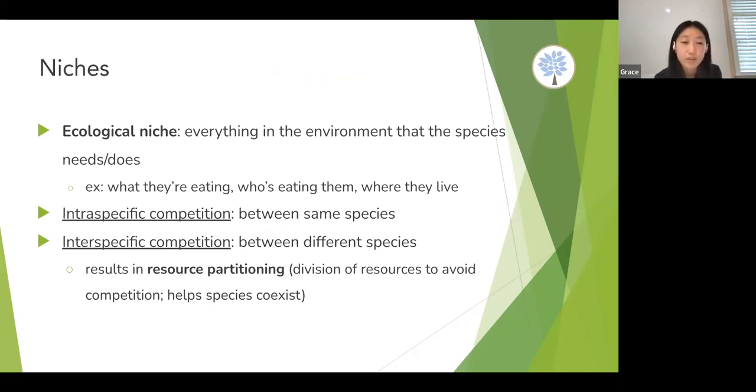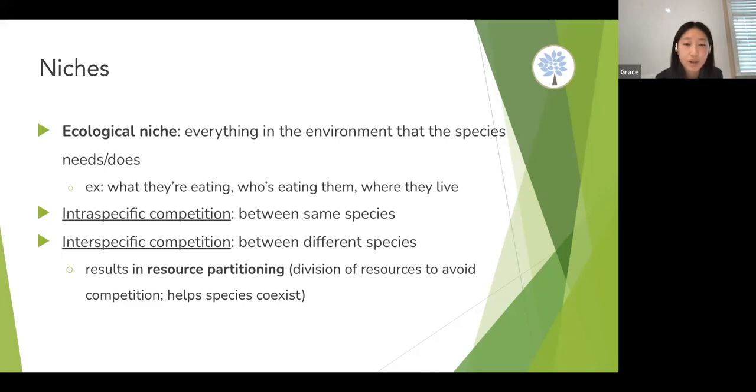And some specific things related to niches are intraspecific competition and interspecific competition. The difference between the two is that intraspecific competition is between the same species. So let's say two foxes both eat hares, and now that's intraspecific competition because it's the same species and it's just two foxes that both are eating hares.